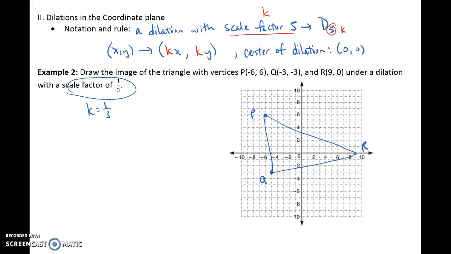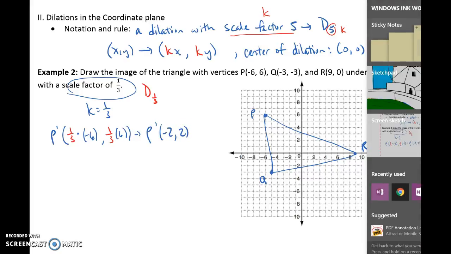All right, so coming back to this. If my scale factor is 1/3, to do the dilation here, D of 1/3, all I'm going to do is take P, that (-6, 6), and to get P prime, I'm going to do 1/3 times -6, comma, 1/3 times 6. Super simple. All I'm doing is multiplying. So P prime is going to be at (-2, 2).